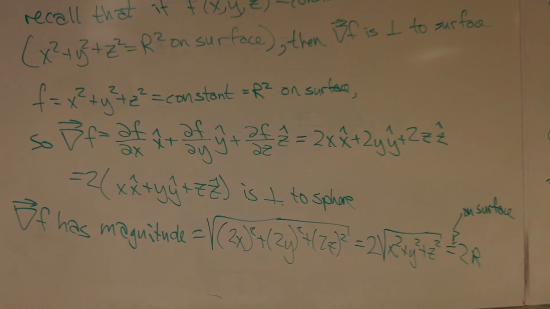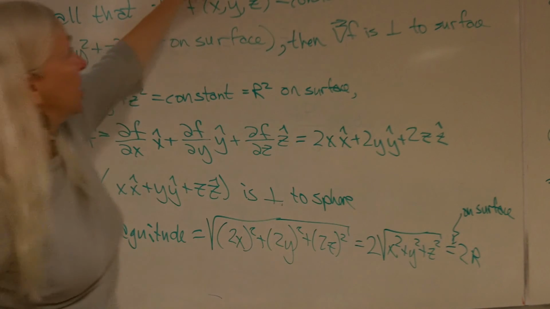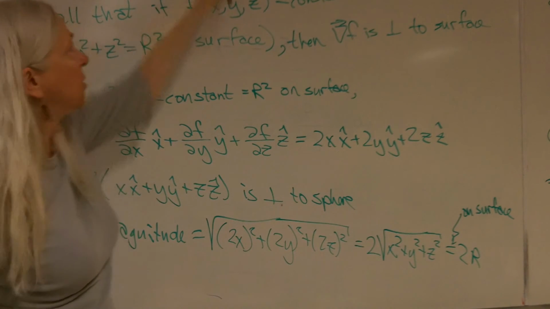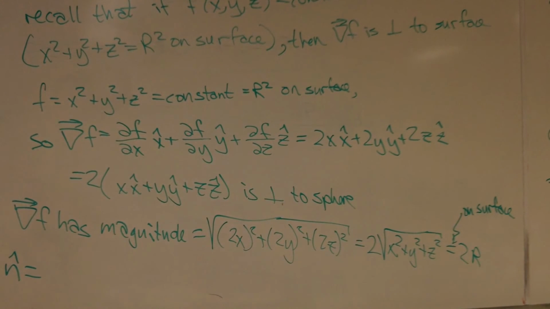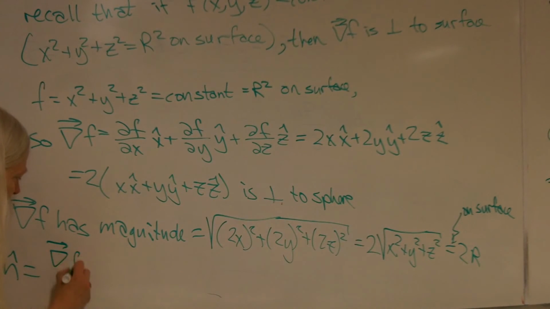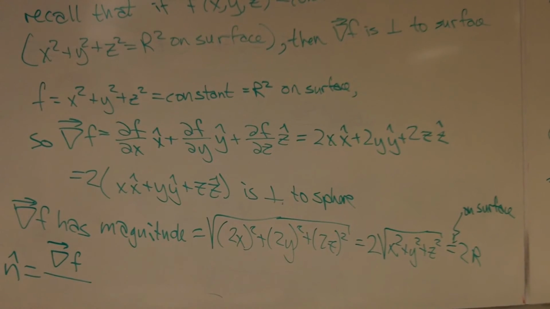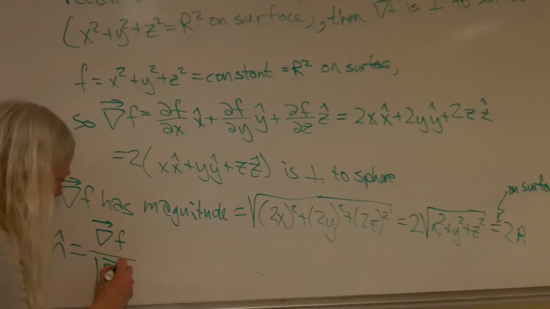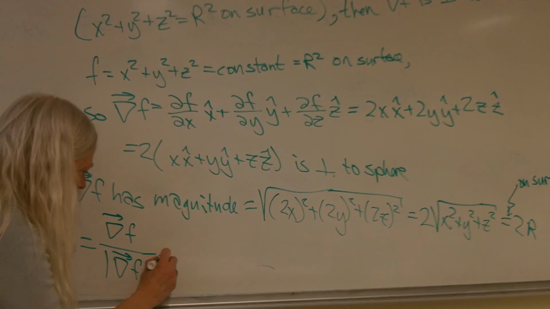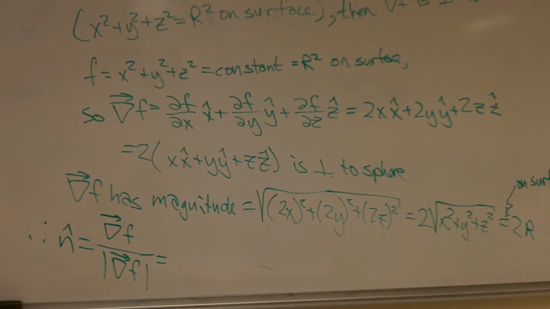Okay, so therefore, n hat was the vector I wanted to find before I can finally evaluate this integral up here. N hat is a unit vector. We can make any vector into a unit vector by dividing it by its own magnitude. So let's take the gradient of f, which we already know points in the right direction, perpendicular to the surface, and divide it by the magnitude of the gradient of f. That way we get a unit vector that points in the same direction as the gradient of f, namely perpendicular to the surface.